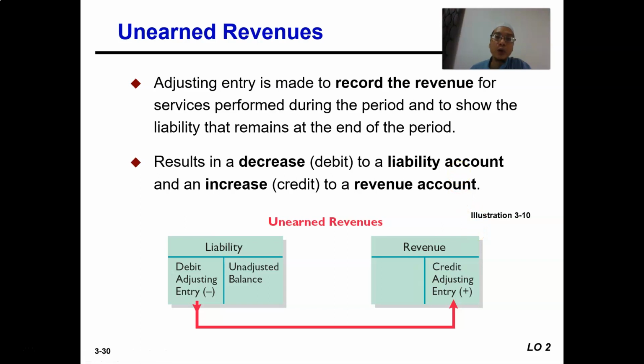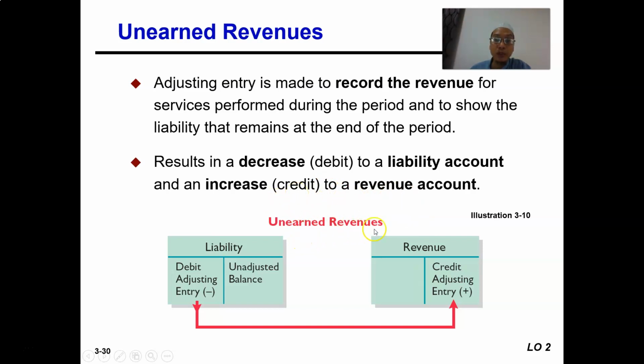Therefore, we are not owing the client as much as before. So we need to decrease our liability account and we need to increase our revenue account because now we have done some part of the work. Therefore, we need to recognize that as a revenue, which is by crediting that account.